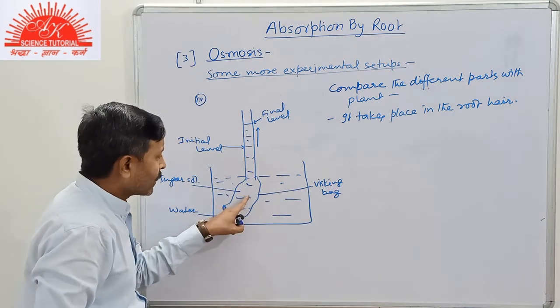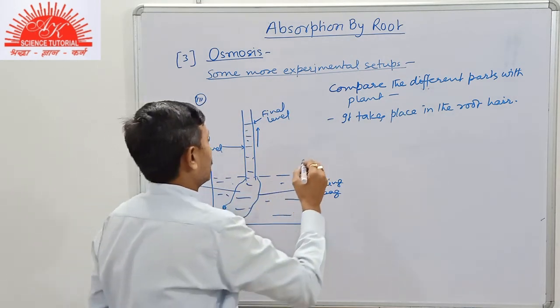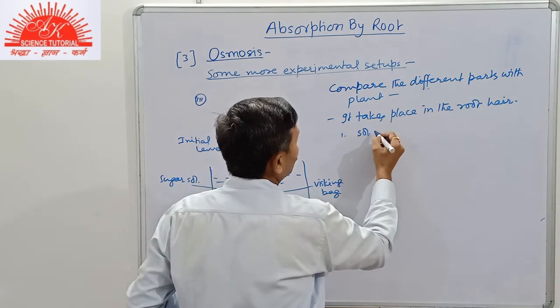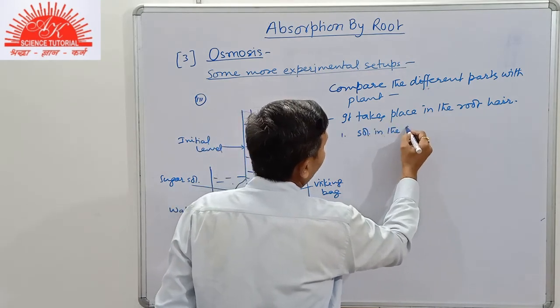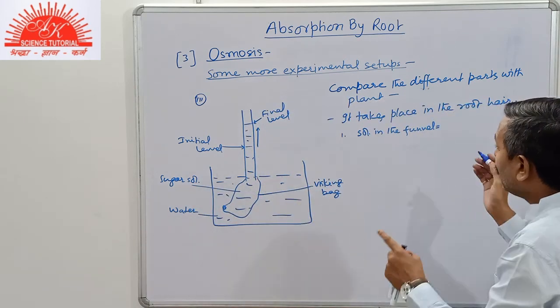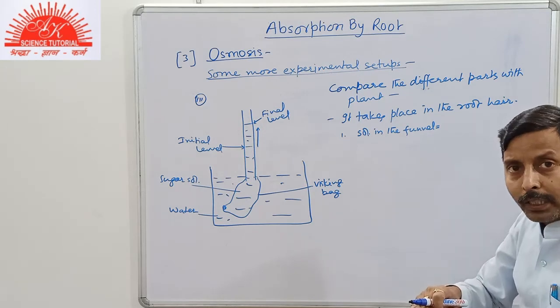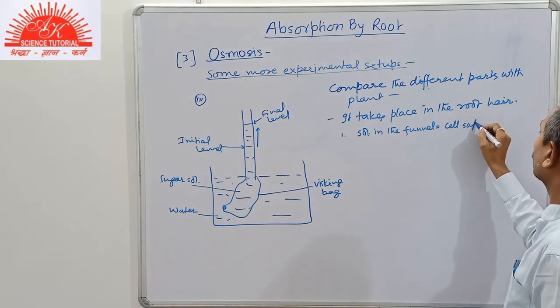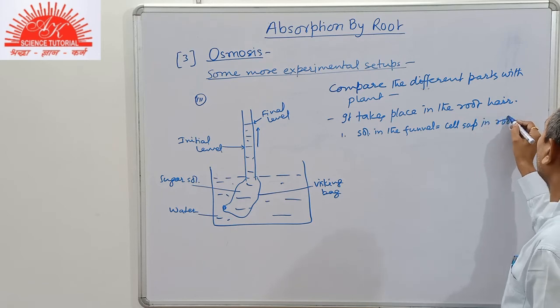Then the question is asked to compare these structures. So first of all we will write here: the solution in the funnel is similar to the solution inside the root hair cell, so it will be cell sap in the root hair.